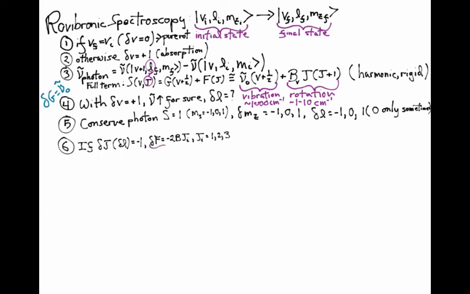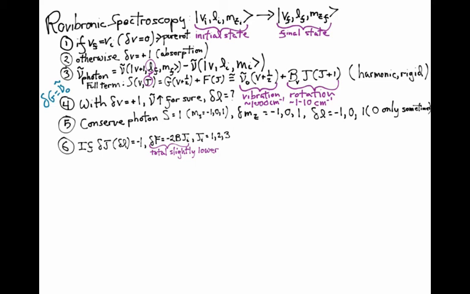Okay, so first, if the J, or the L value, goes down by 1, then the change in the F part of that term, the rotational part of the term, is going to be negative 2b times the initial J. So down by 1, we're going to go from 1 to 0, or 2 to 1, or 3 to 2. And so the initial J has to be at least 1, because you have to have somewhere to go down to.